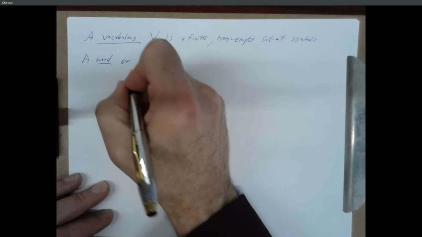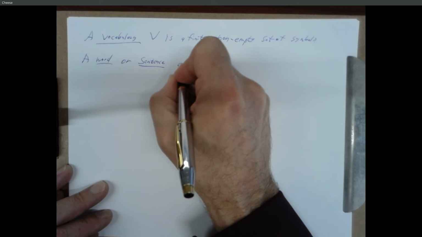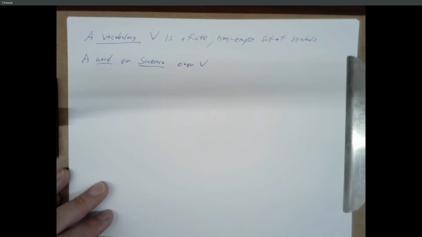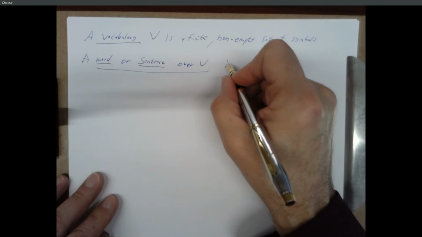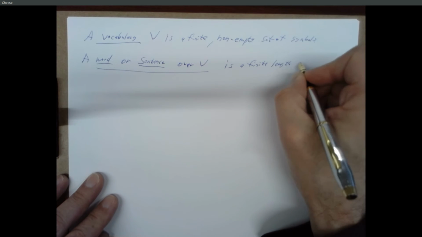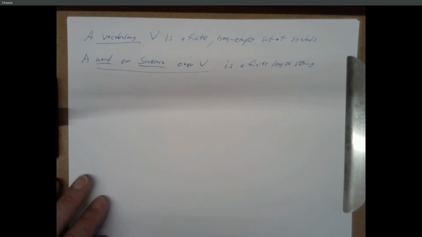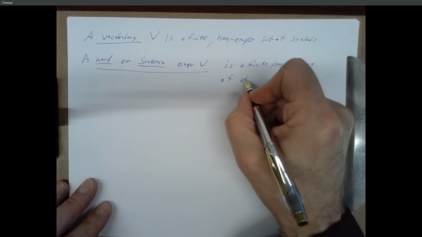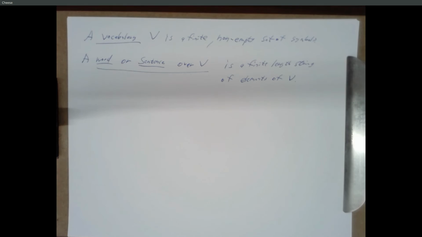A word or a sentence over V is a finite length string of elements of V. So a word or sentence over a vocabulary is just a finite length string of elements of that vocabulary.